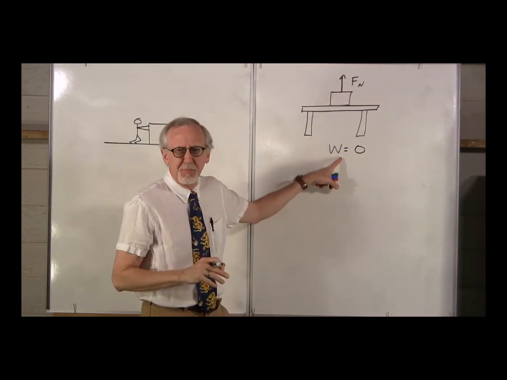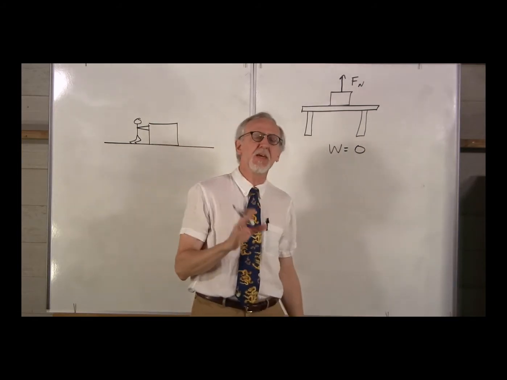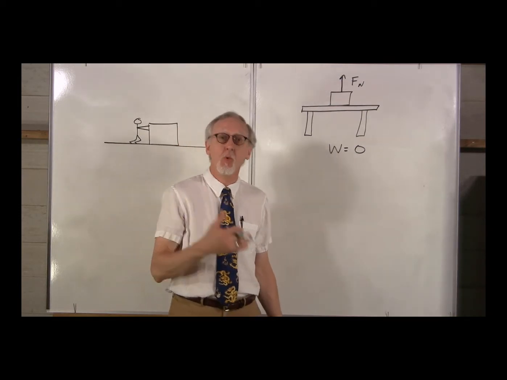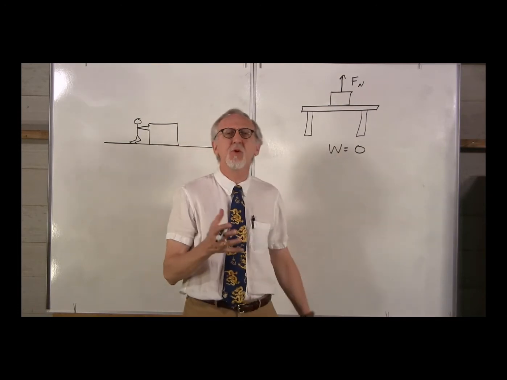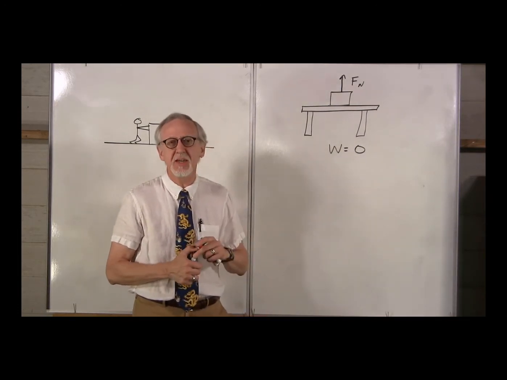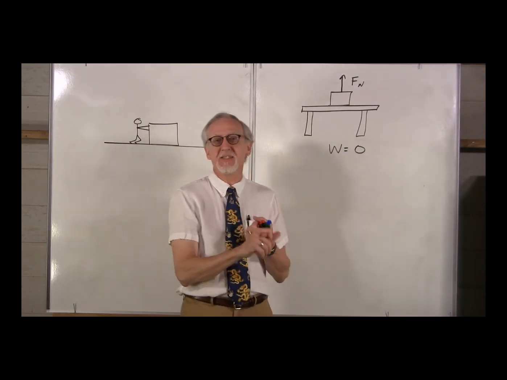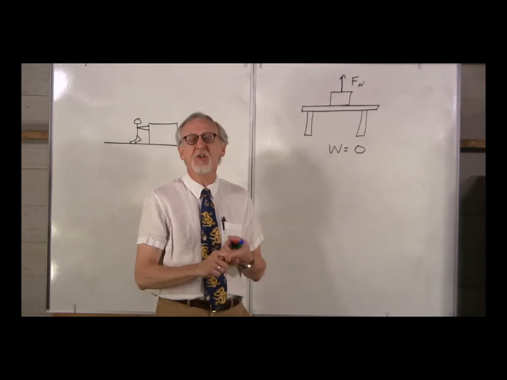Now we've got a little bit of a problem here. Work, we're going to write with a capital letter W. We have to be careful not to confuse that with what other W have we been using? Weight. That's right. So when I say this, I mean the work is zero. I don't mean the weight is zero. Unfortunately, in English, we only have 26 letters, capitalized or lowercase, so 52 altogether.